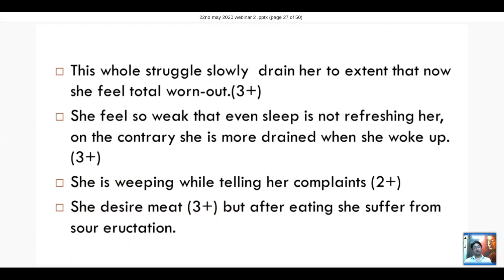Now, in this case, we are having the essence of one remedy, which is a very good remedy for menopausal conditions, very good when conditions are from cares and worries, very good when a condition starts to develop very slowly, when the patient becomes totally worn out, and even not refreshed by sleep.